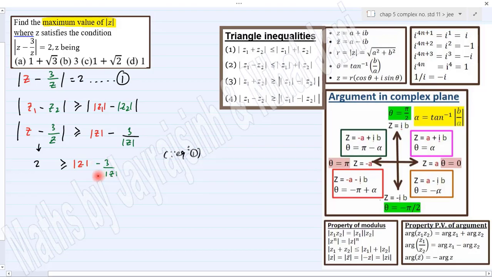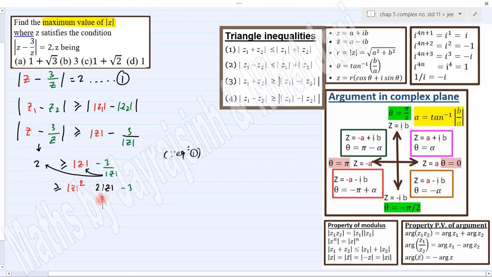Now let's take an LCM. Mod z multiplied with 2 will give us 2 mod z, greater than or equal to mod z multiplied with mod z, which will give us mod z square, and the minus 3 will remain as it is. In further simplification, we can take this 2 mod z to the right hand side.